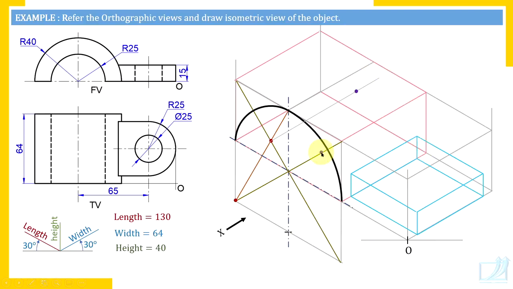Now from the shifted center with the same radius of this longer arc, you draw an arc. Because this edge is on the back side, only visible portion you are going to make dark. That is why initially I have drawn this arc very thin. Now center of this smaller arc also you have shifted 64. And from corner of the front surface to the highest point on the front surface, this is how we have completed this arc.